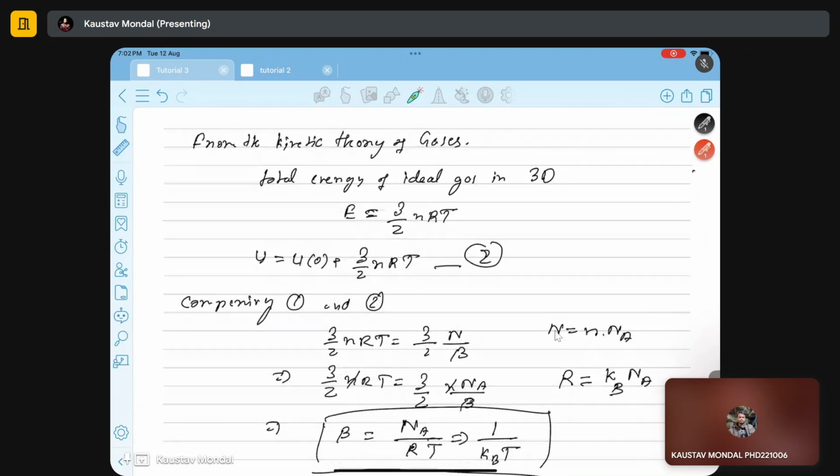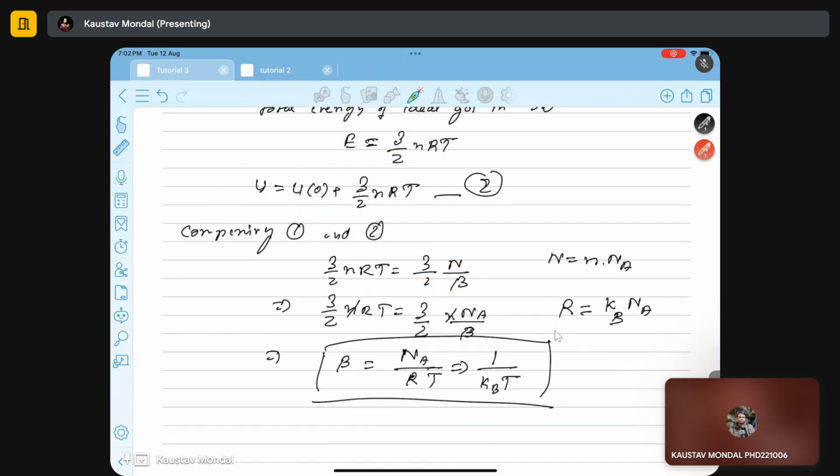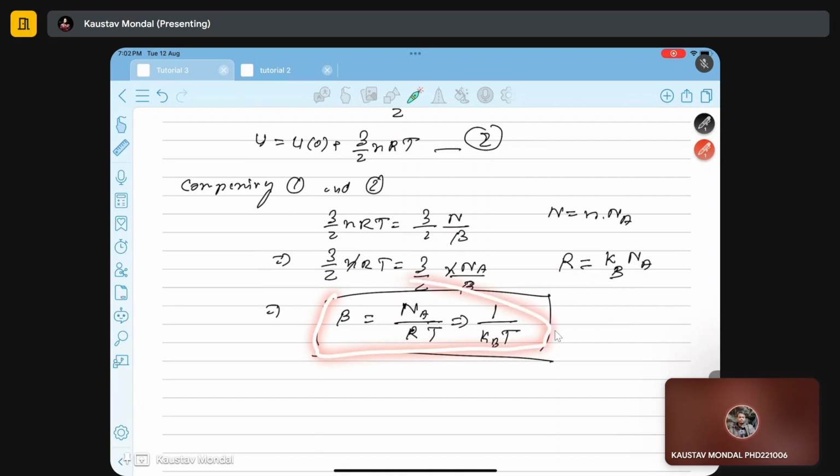Next, we calculated the same internal energy using the kinetic theory of gases. We then compare the two results, and from there we get the expression of beta, which is equal to 1 by kBT. So this is a problem. So this is a way.